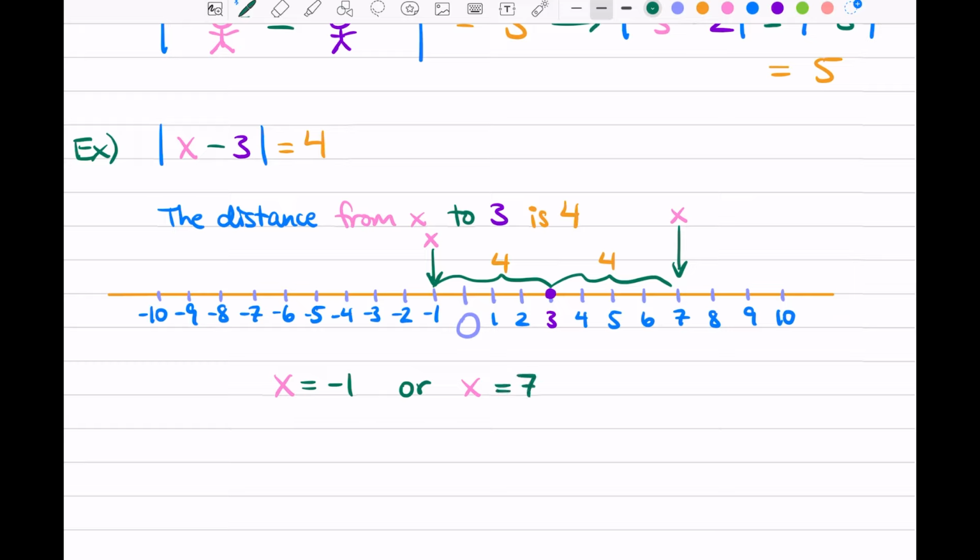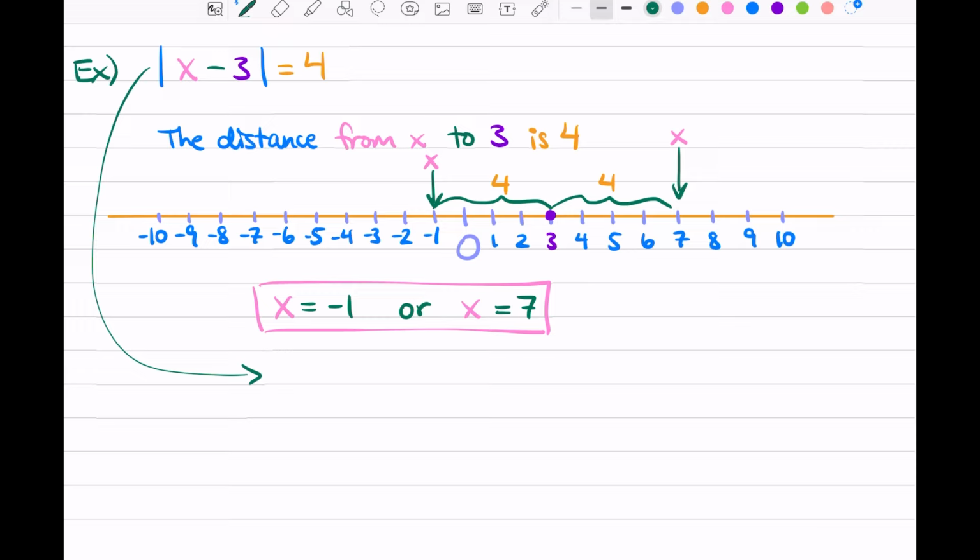Both of these spots on the number line are 4 steps away from 3. The distance from -1 to 3 is 4. The distance from 7 to 3 is 4. So both of these spots are where x could be.